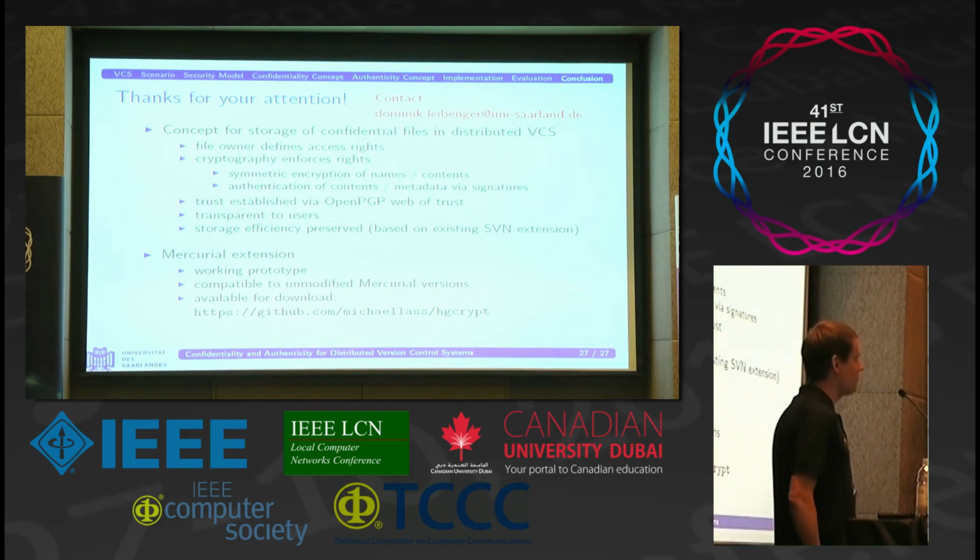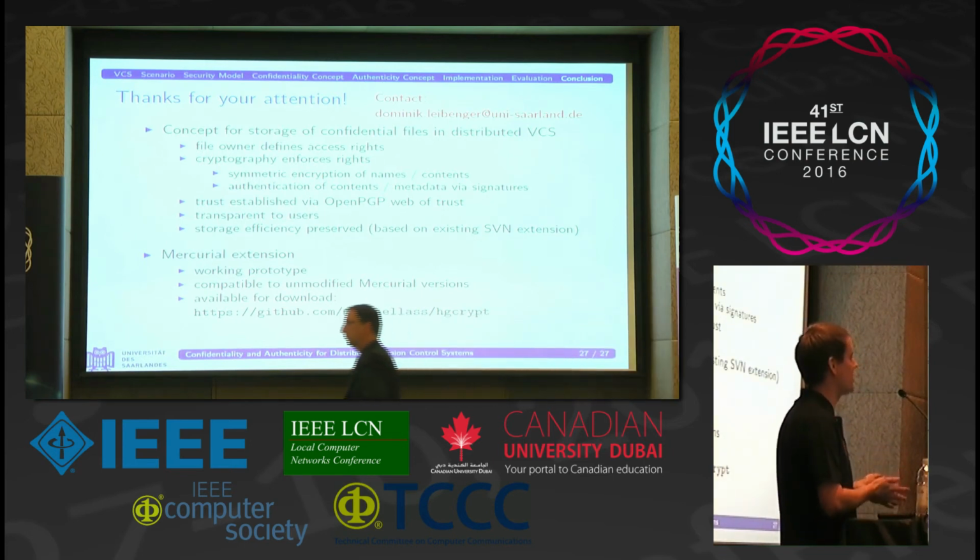So the encryption that we perform is just symmetric encryption, and so it's actually quite fast. What takes time is what needs to be done for the data deduplication. So the chunking scheme that we use is rather computation intensive. The access right model, the contribution is that it actually matches the workflows and data structures of the version control system.